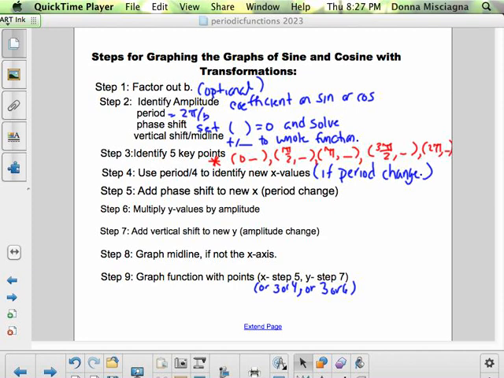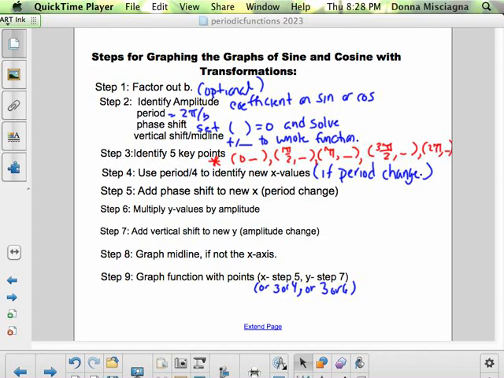For the phase shift, we're going to set the parentheses equal to 0. If b has already been factored out, it's not in the parentheses anymore. So just what's in the parentheses gets set equal to 0 and solved. The vertical shift and midline is what's added or subtracted to the whole function, outside the parentheses.